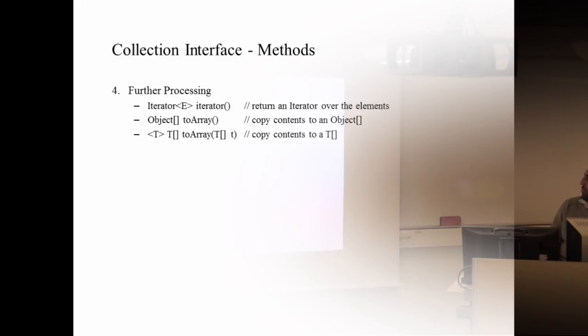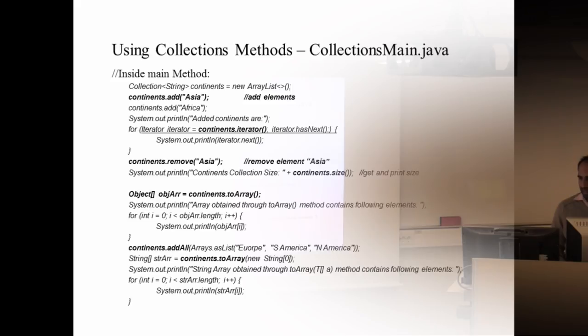And then there are some other methods, like iterator methods, to get an iterator. And if you want to convert your collection to an array, you can use the toArray method. Then this is just an example of how you can use collection methods.